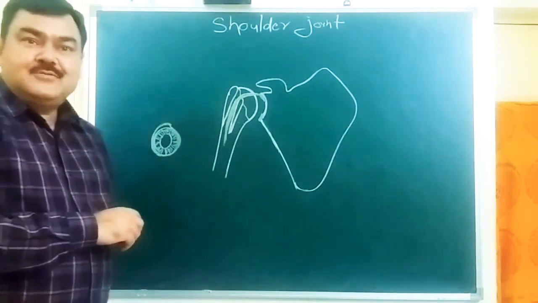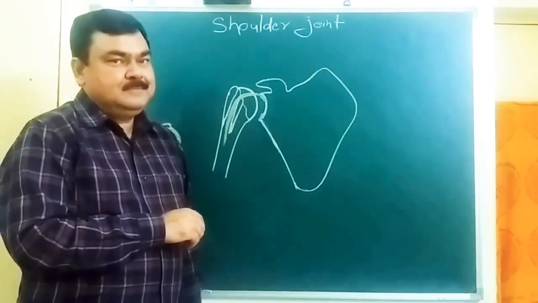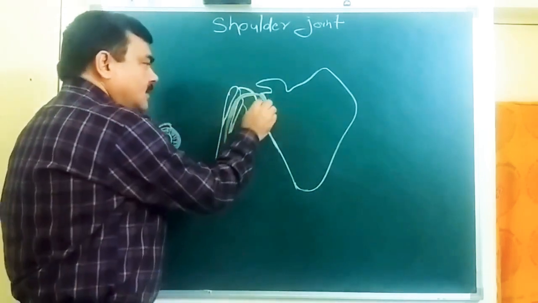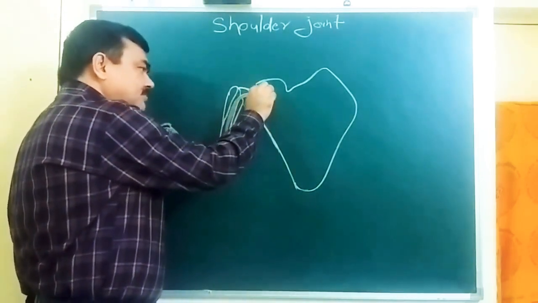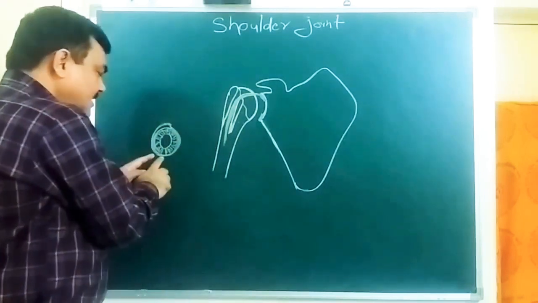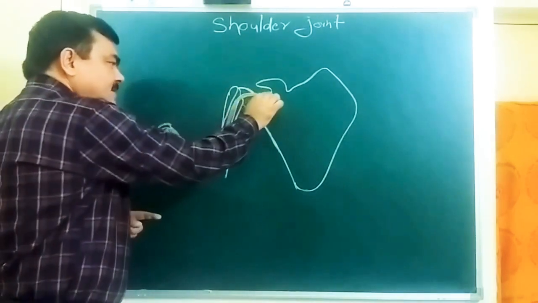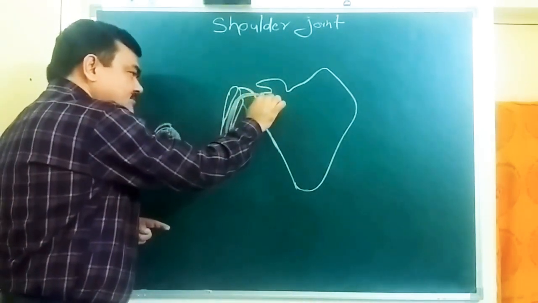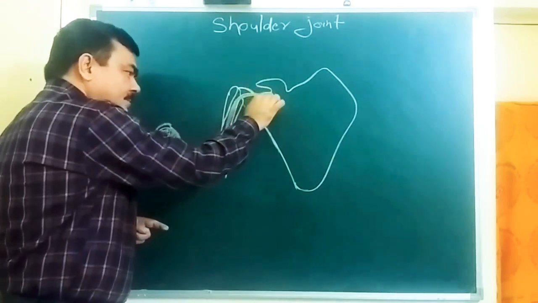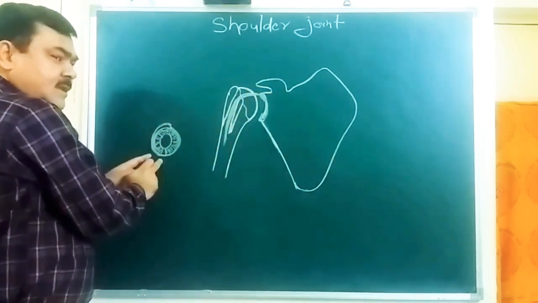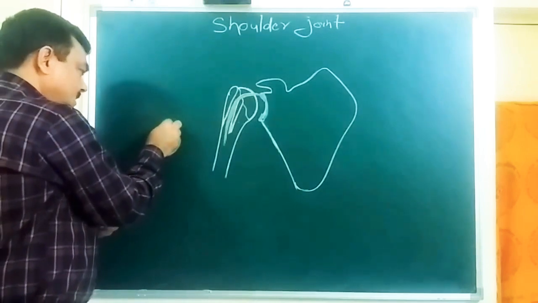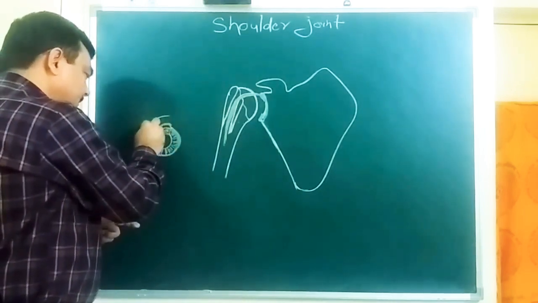Now, capsule of the joint. Capsule is attached medially to the margin of glenoid labrum. Here in this diagram, you can see here is capsule.